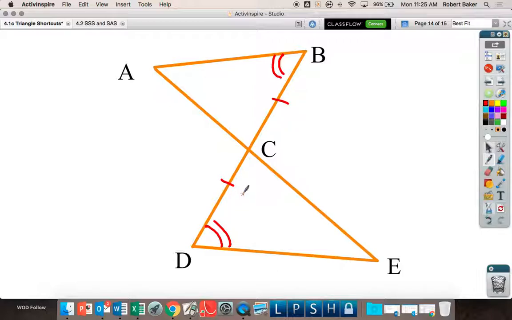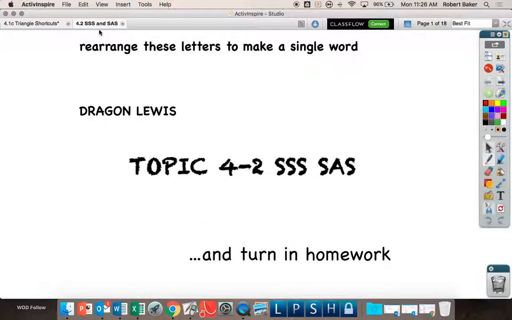It's ASA. So you have to justify that these two angles are congruent, and then what do you see? The angle shortcut, because of vertical angles.